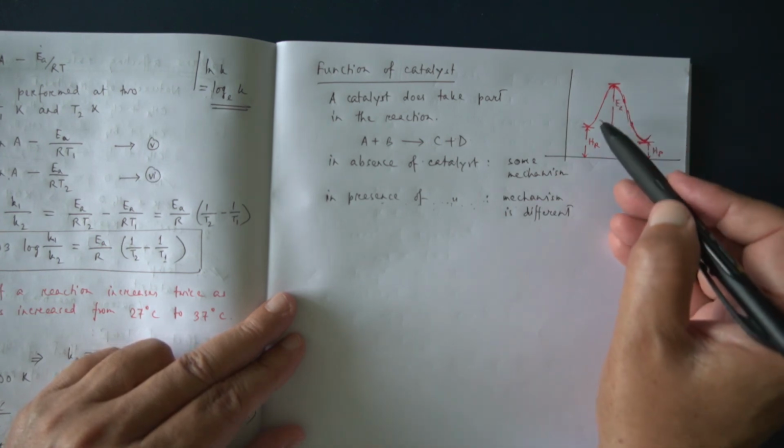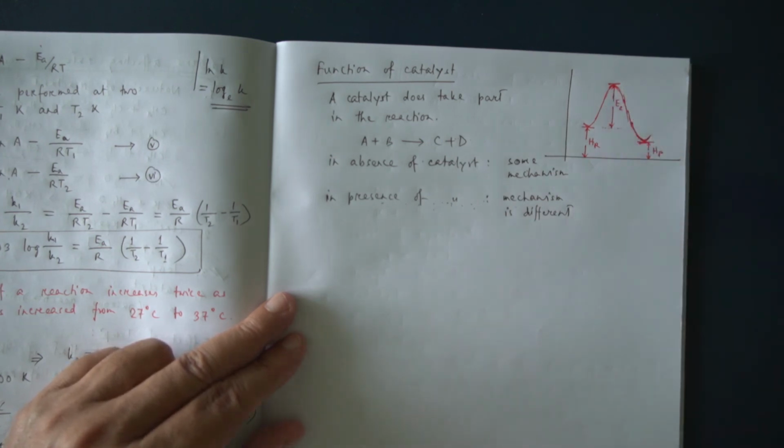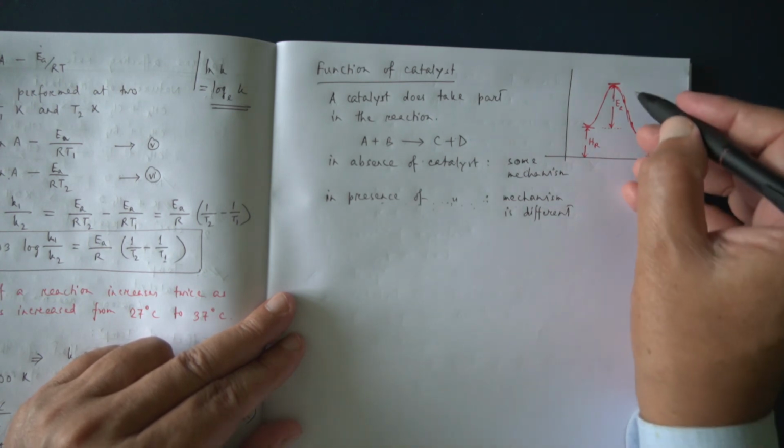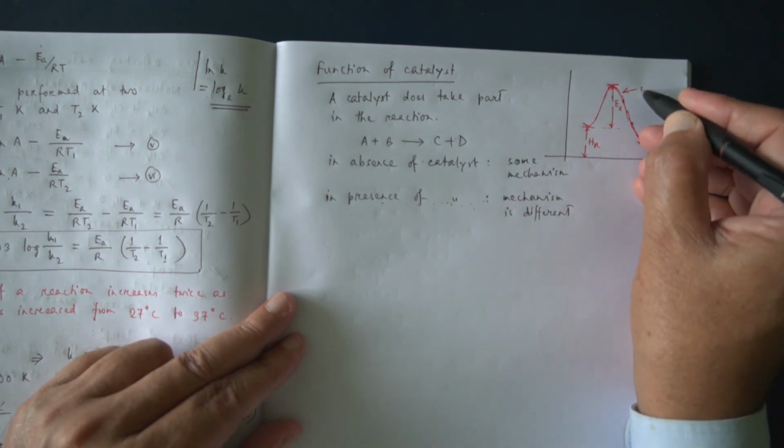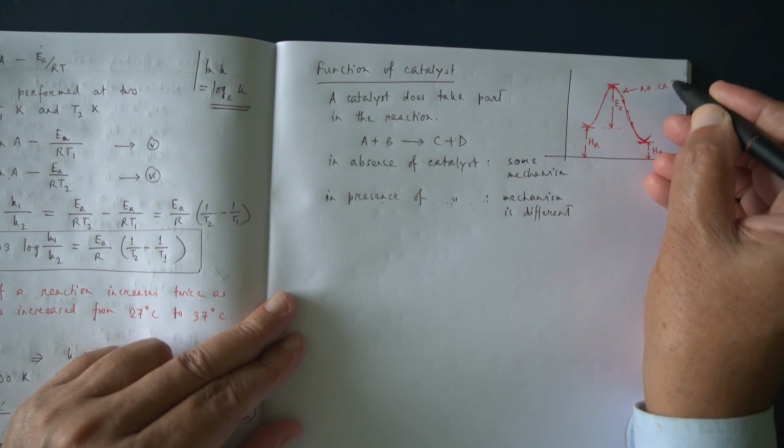There is no catalyst, so this is the path of the reaction in absence of catalyst.